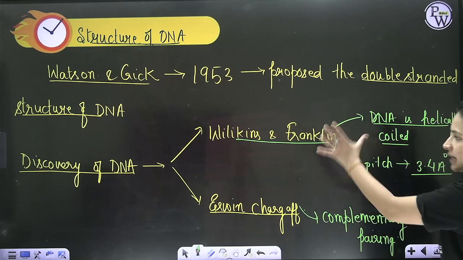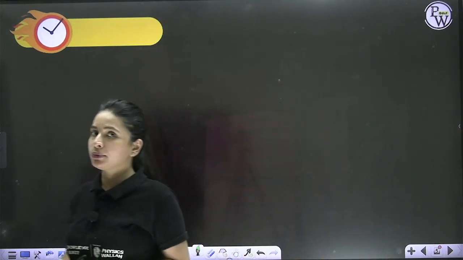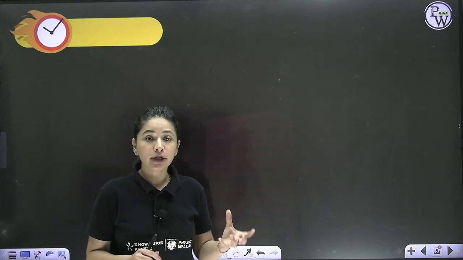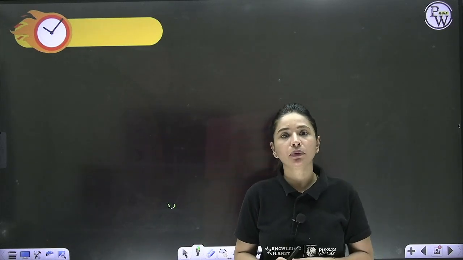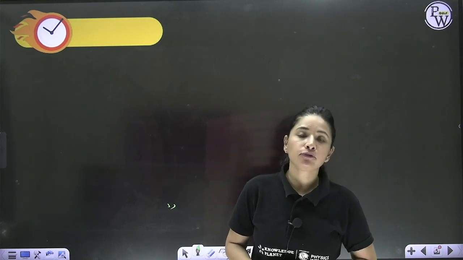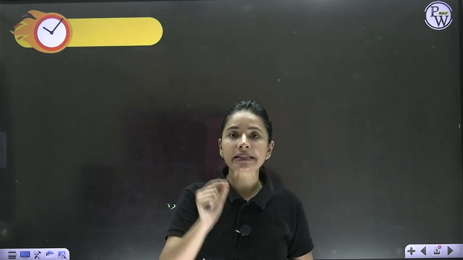Before we start with the work of these three people, a little bit you should have the idea about the discovery of DNA, right? So, basically DNA was first discovered, this terminology came from the work of Friedrich Miescher, who was working on pus cells, right? Pus, you know, your WBCs.